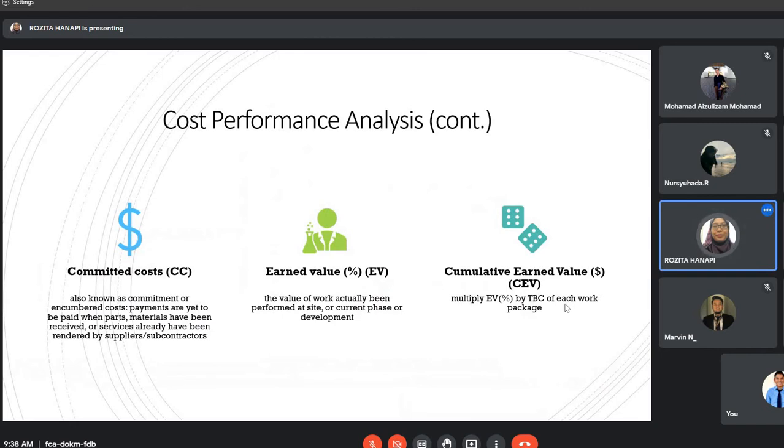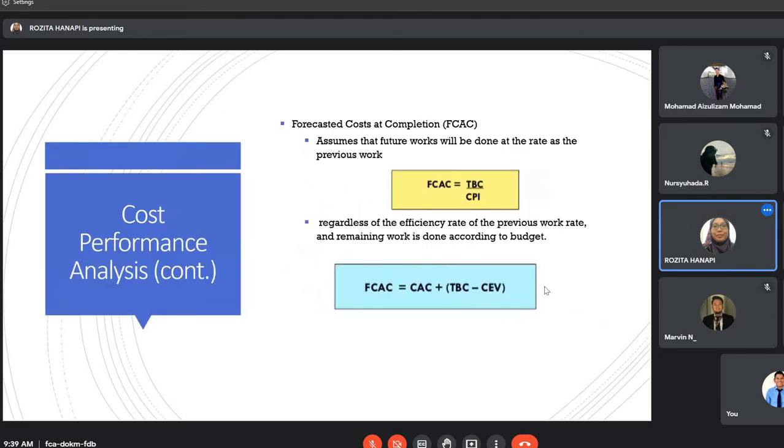To get the answer for D, you need to multiply the earned value that is in the number of percentage by TBC of each work package. Okay, so I go down.